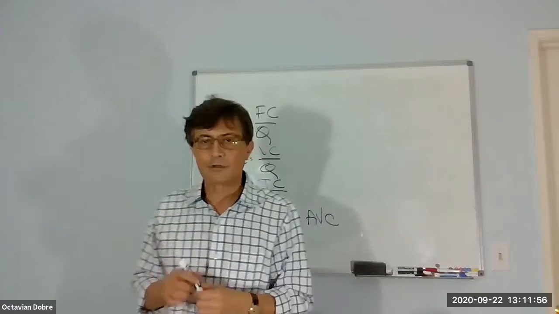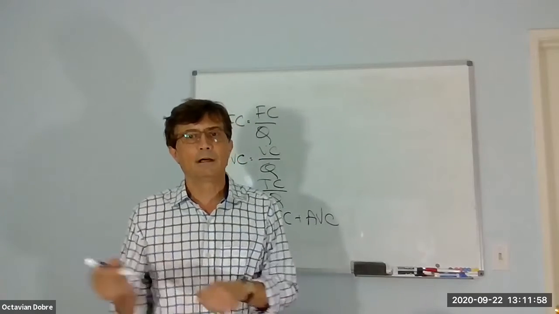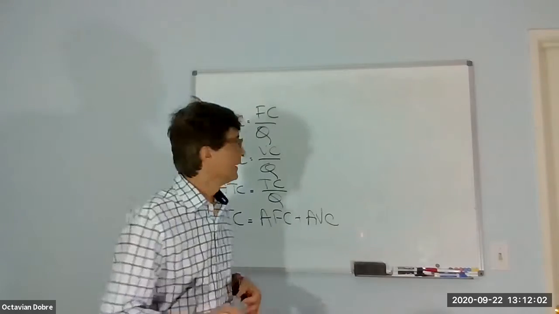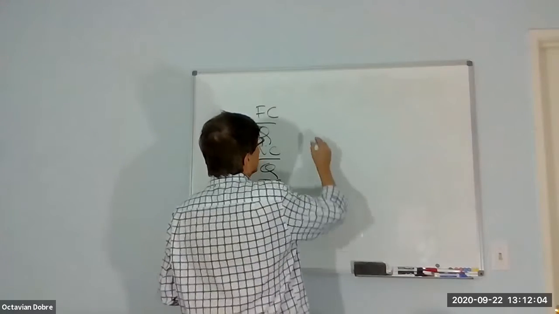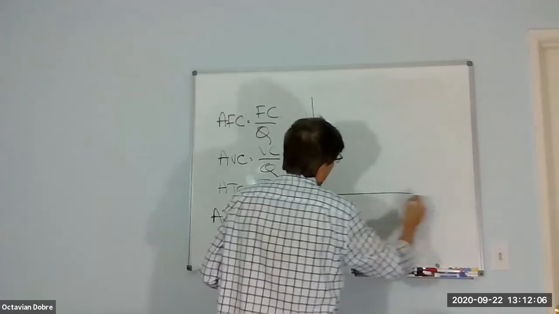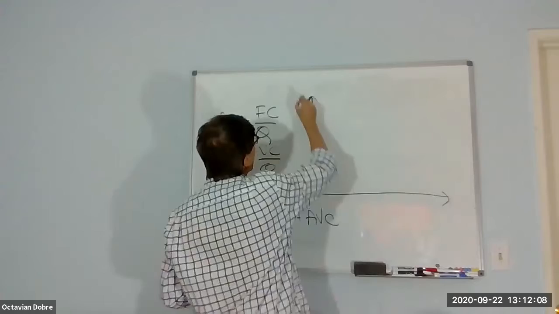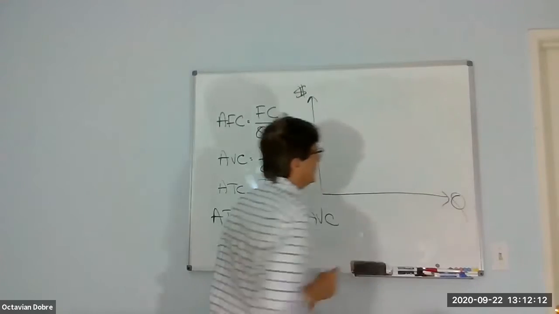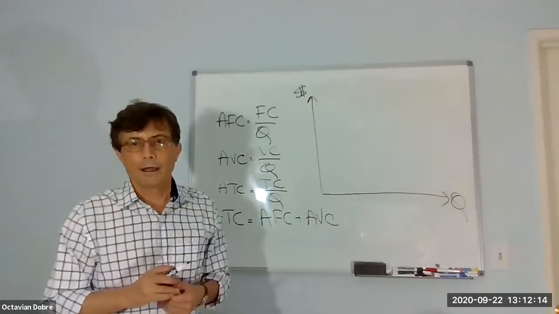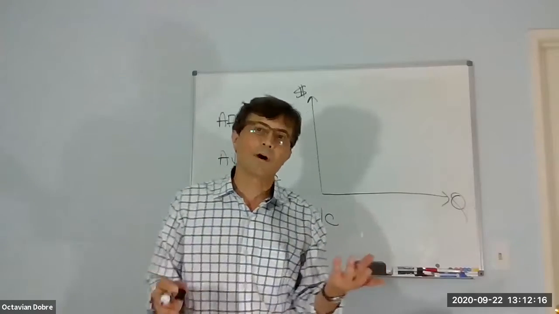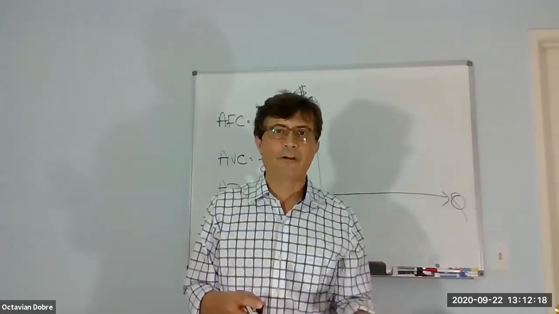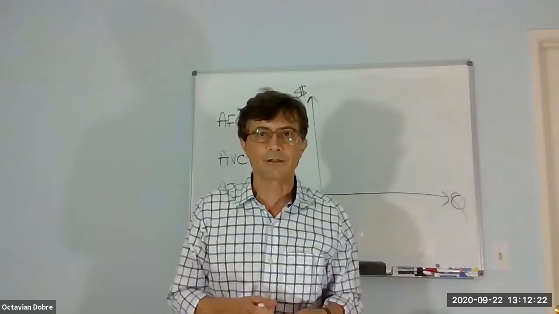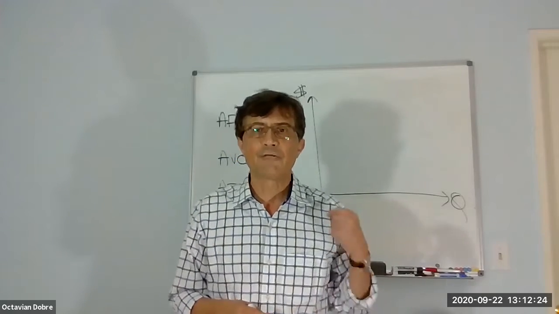So now, folks, what I'm going to do is look at those costs graphically. So costs on this axis, output on this axis. And the simplest one, the one that you should be able to figure out on your own without any further knowledge, is the average fixed cost.